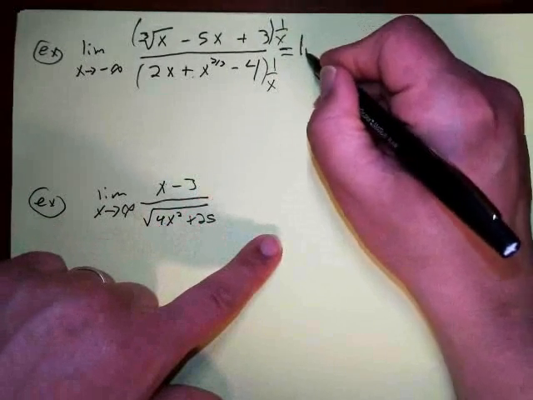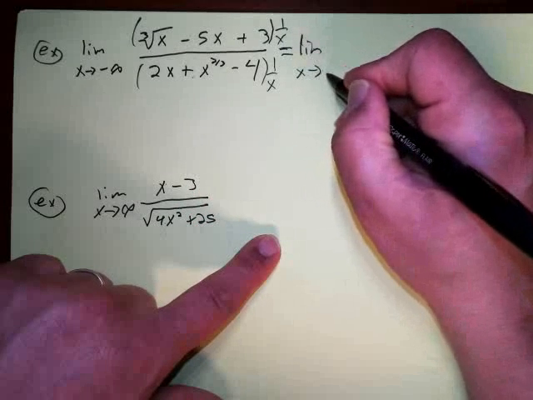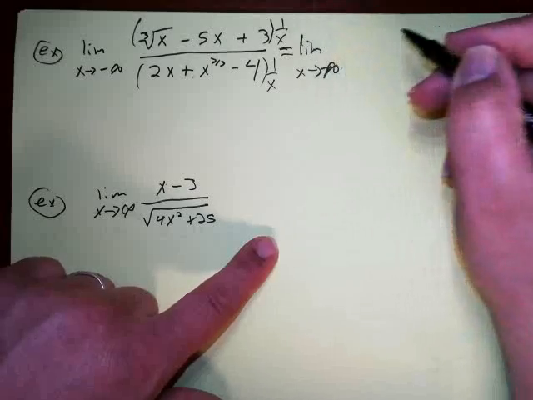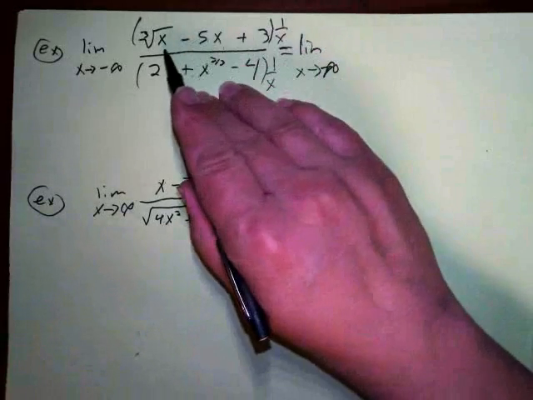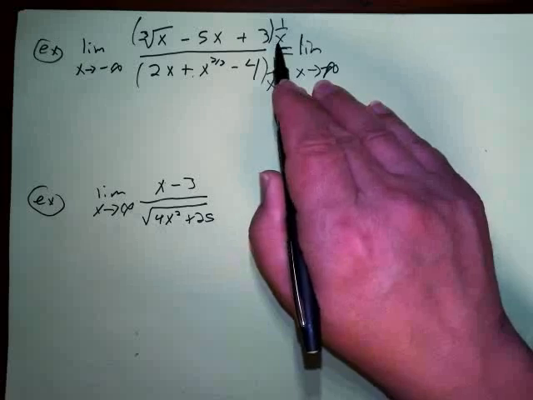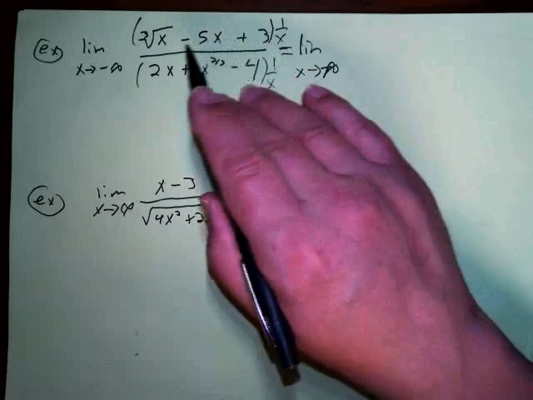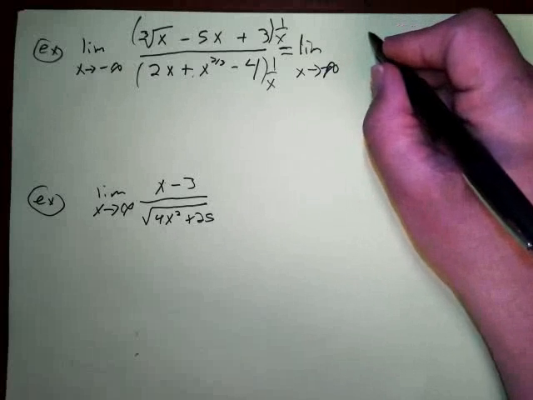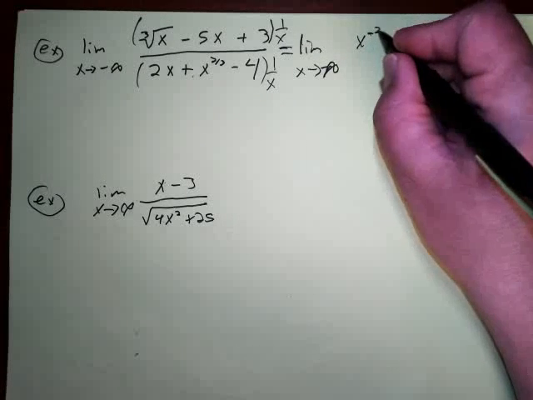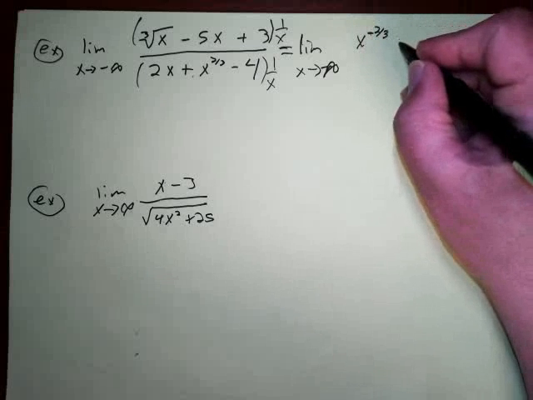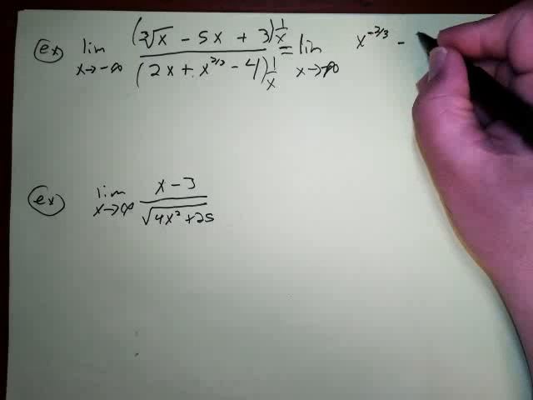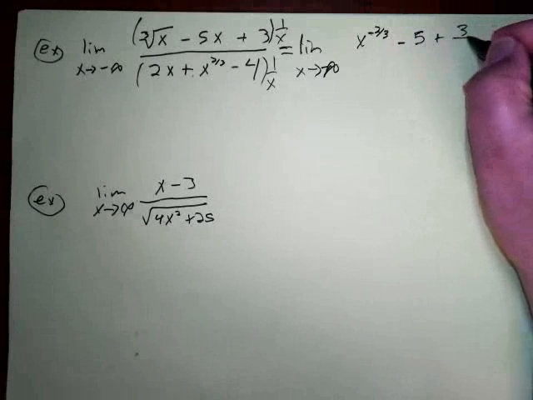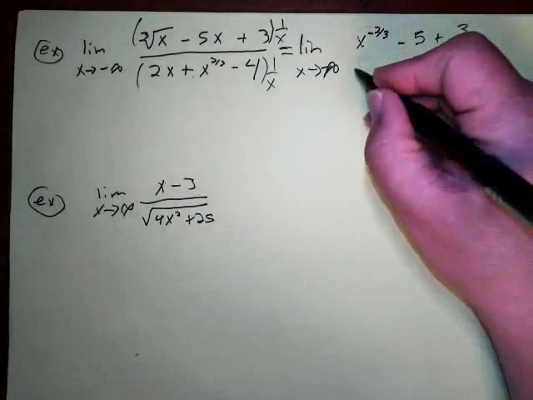And so now I get the limit as x goes to negative infinity, it looks like, negative infinity. And this is actually x to the 1/3, and when I divide it by 1 over x, okay, I'm going to have 1/3 minus 1, and this will actually be x to the negative 2/3. This will be minus just 5, and this will be 3 over x.